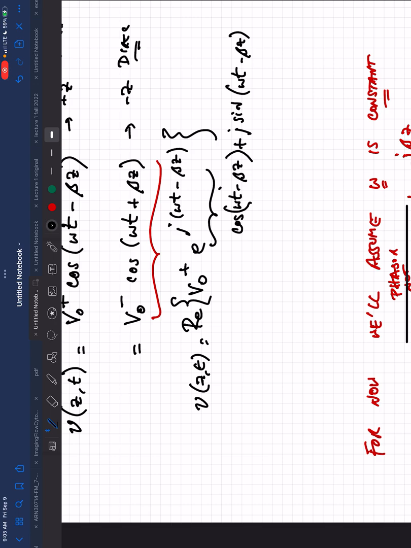Do you guys remember this? This is what it looks like. If you take e to the j of omega t, it's going to be cos of omega t plus j sine of omega t. Okay? So if I take the real value of this whole thing, that ends up just being V0 plus cosine of omega t minus beta z.